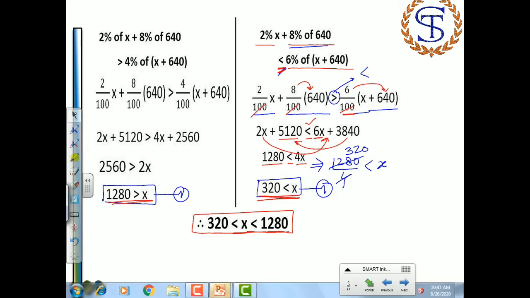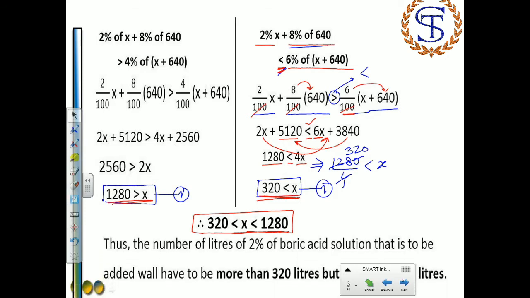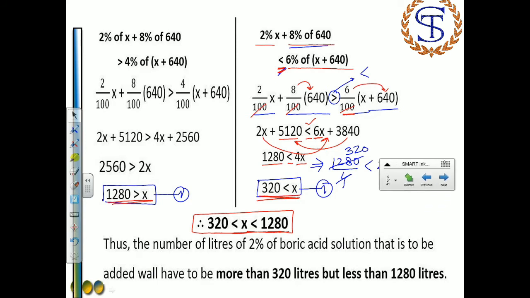Hence the resulting answer is, let's see, the number of liters of 2% boric acid solution that is to be added is more than 320 liters but less than 1280 liters.